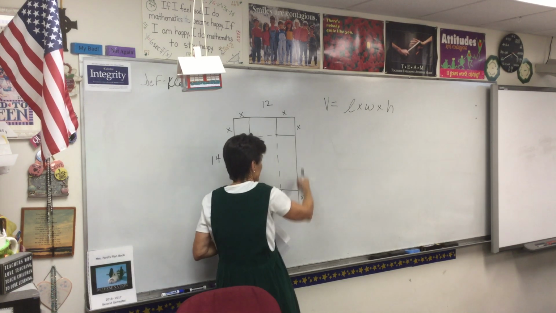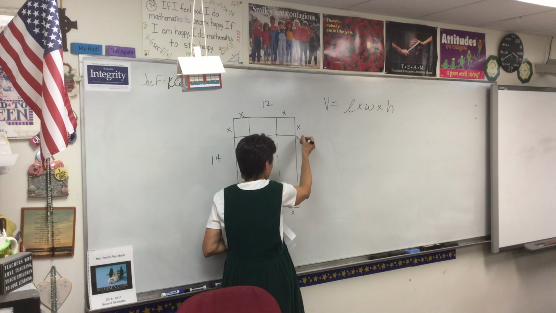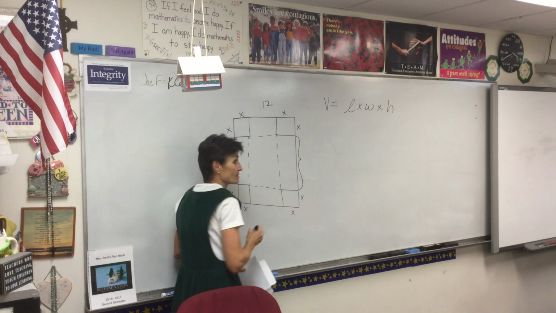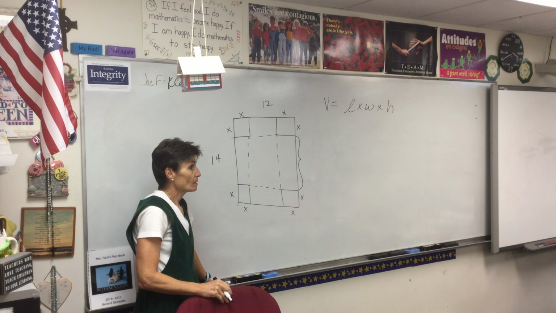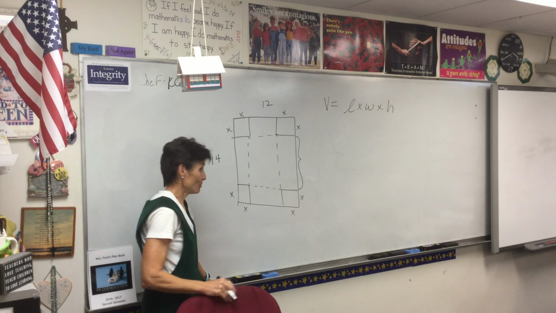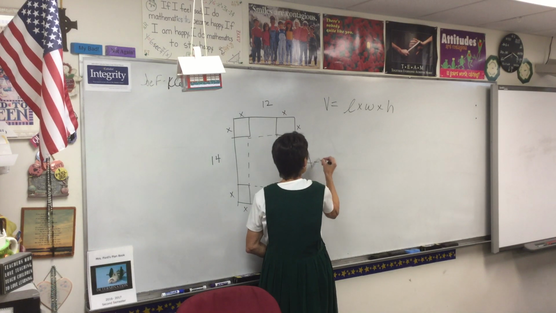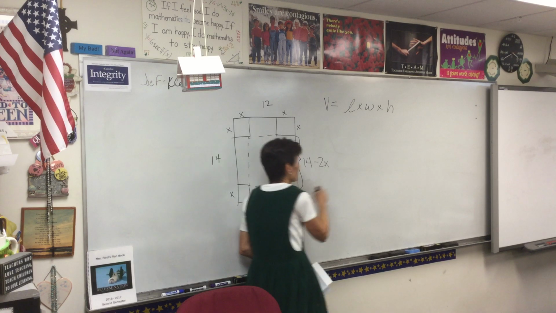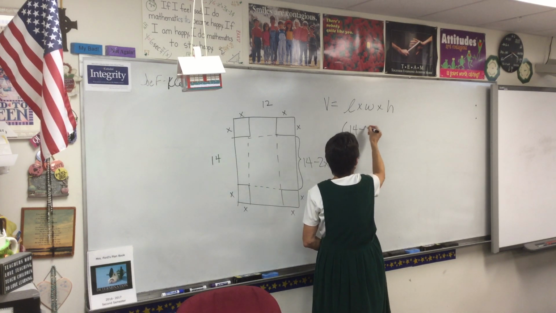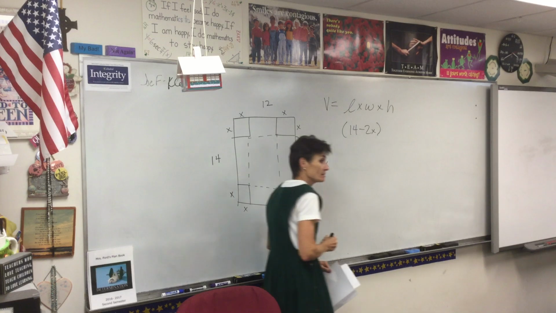It was originally 14, but now this is the length of the box. What is that? 14 minus 2x. Because you took an x off the top and the bottom. So your length is 14 minus 2x.